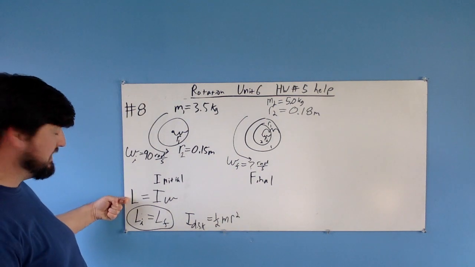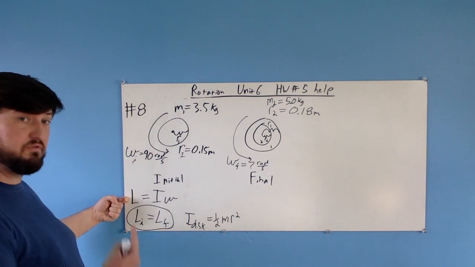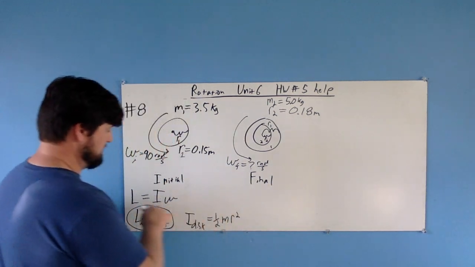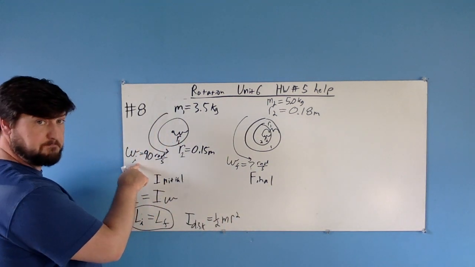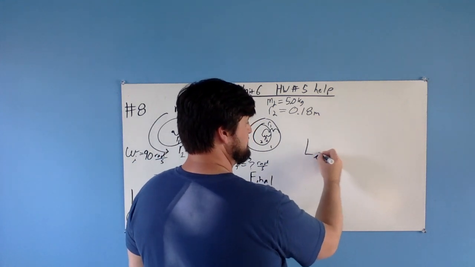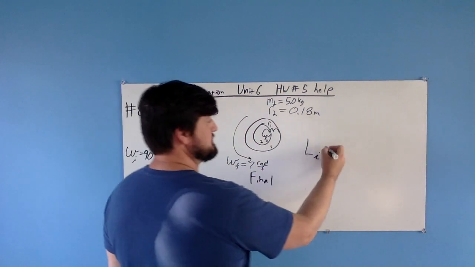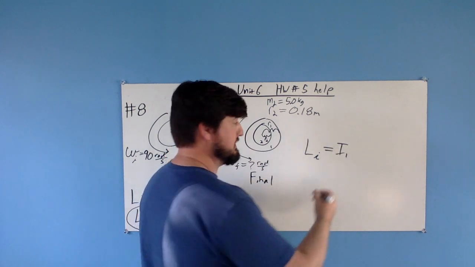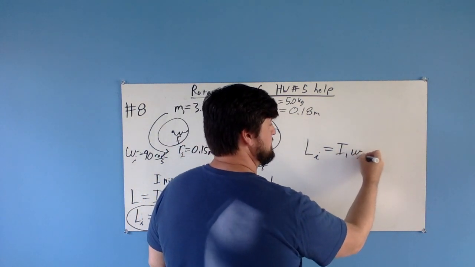Let's go ahead and set up the angular momentum formula for the first disk. For the initial case, your angular momentum initial was equal to your I of disk 1 times your omega initial.